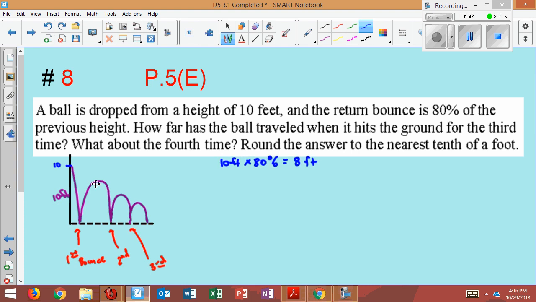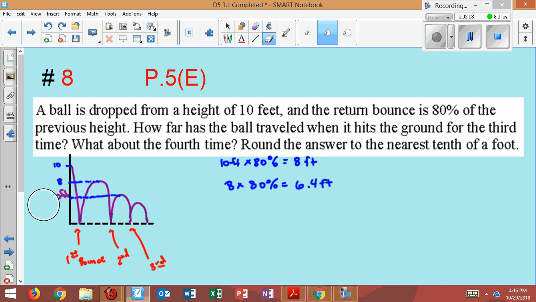So that means this height right here, if we draw it over, would be 8 feet. Okay, and then you continue on. 8 feet times 80% is going to be 6.4 feet. And you could do this in the calculator, but I'm just doing it. So right here, if you went across, this would be 6.4 feet. And we would do it one more time to find this value here.